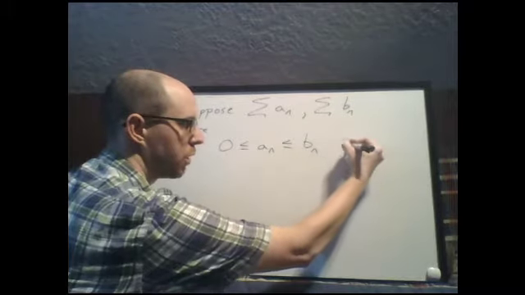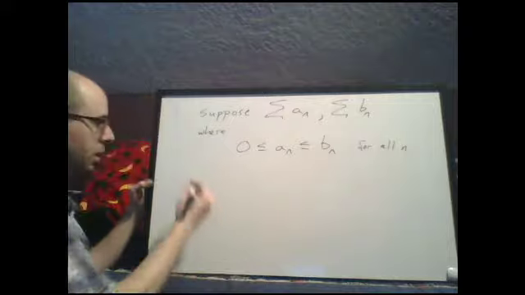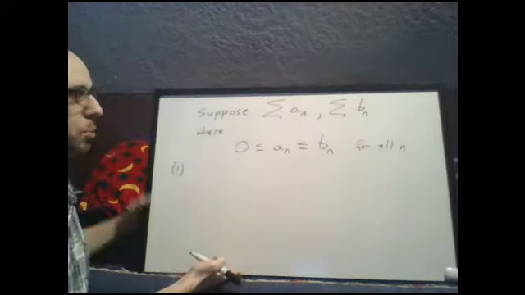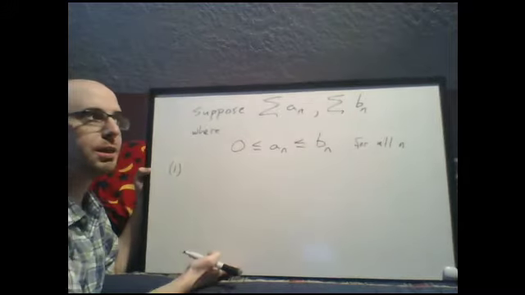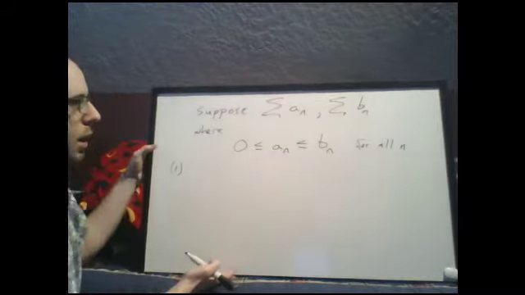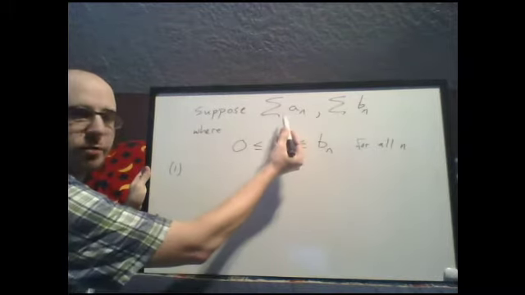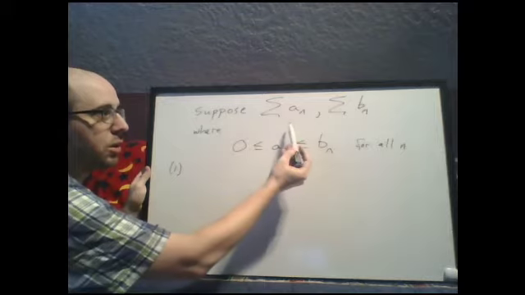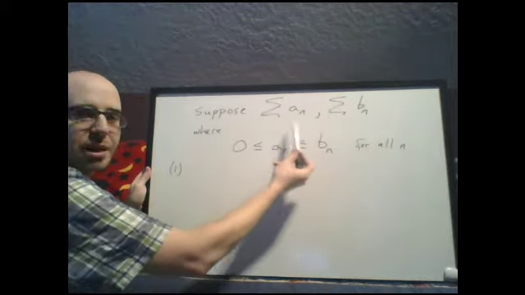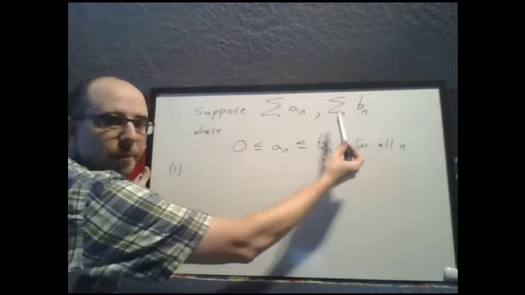So this is true for all n. Then there are two possibilities, or two useful comparisons. So basically, if the terms of the A series are all less than the terms of the B series, then informally, we can say this sum will be less than this sum.